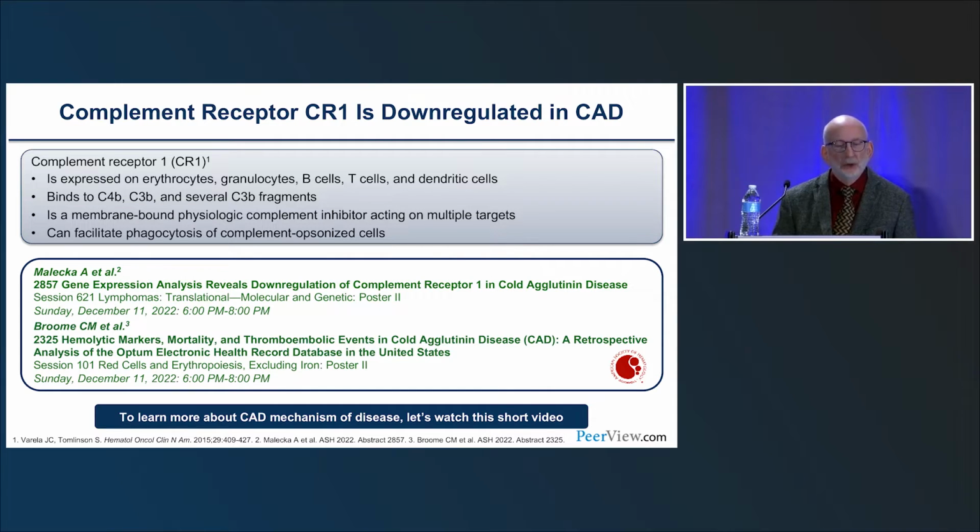And I will also recommend another relevant poster by my very good colleague from Washington, US, Catherine Broom, who will have a poster on hemolytic markers and thromboembolism in cold agglutinin disease, because thromboembolism is to a very high degree a consequence of the complement activation, I think. So now, to further illustrate the mechanisms of complement-mediated hemolysis, we will see a very short video.